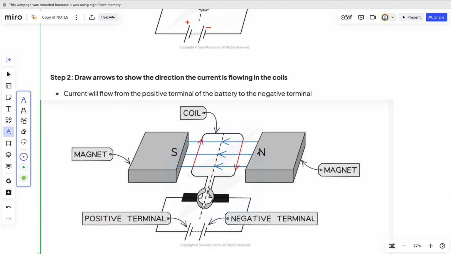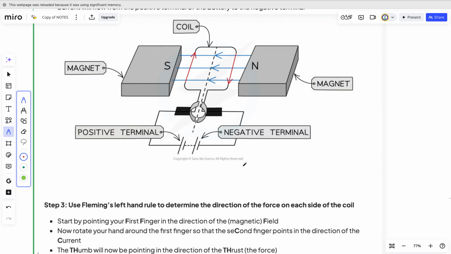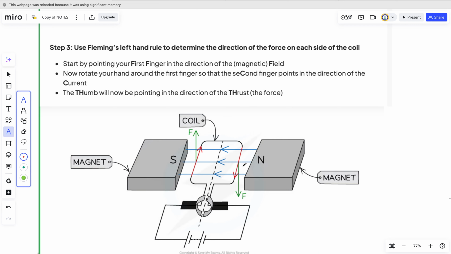Because we reversed the direction of the north pole and south pole. The current is going down, and if you look at Fleming's left hand rule, if the current is going down, the force should go up, right?